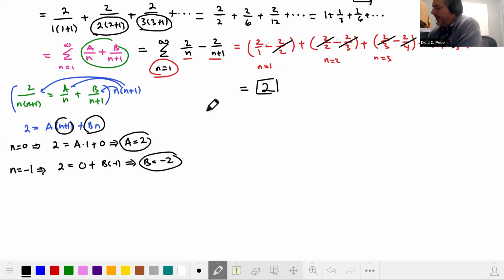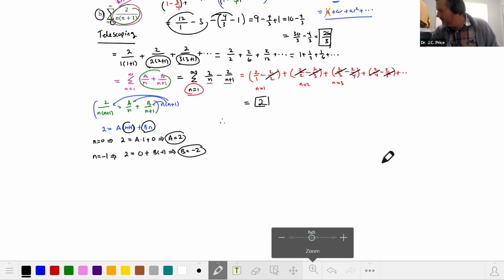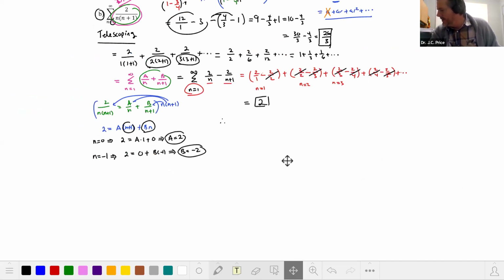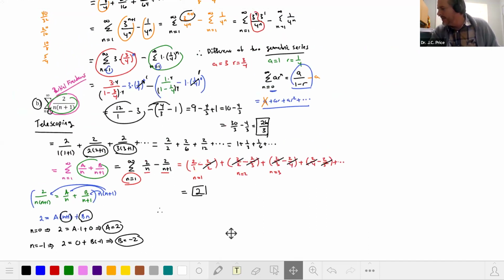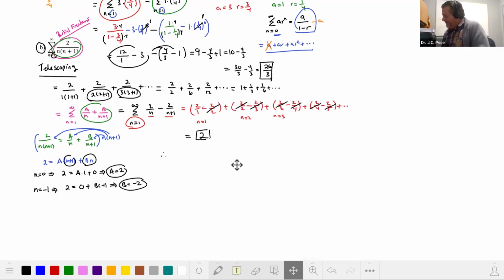And so therefore, let me zoom out a little bit. I guess we don't need to write therefore if you don't want to, guys. So here, that series telescopes, and we get back the number 2. But if you want, we can write therefore, and sometimes I like to do this.